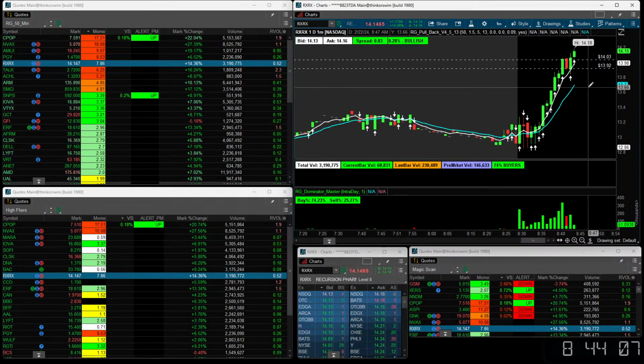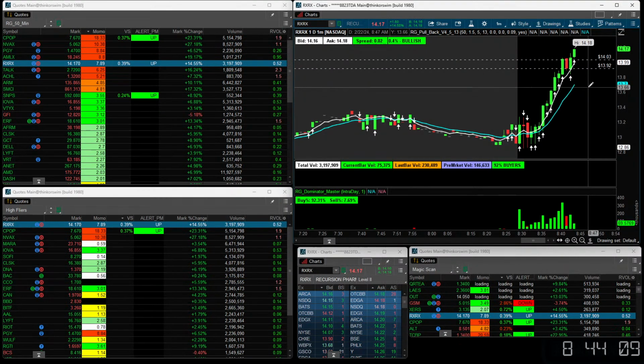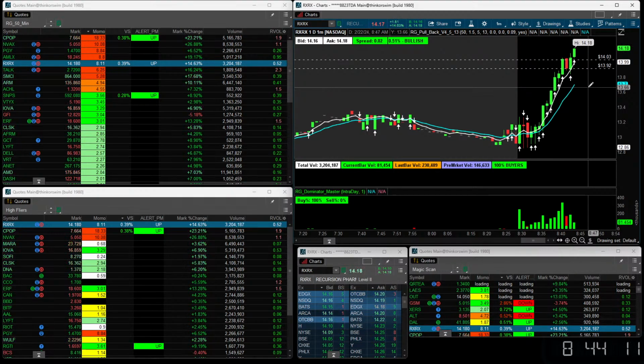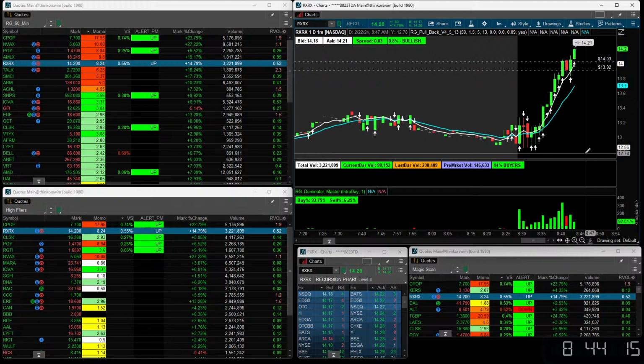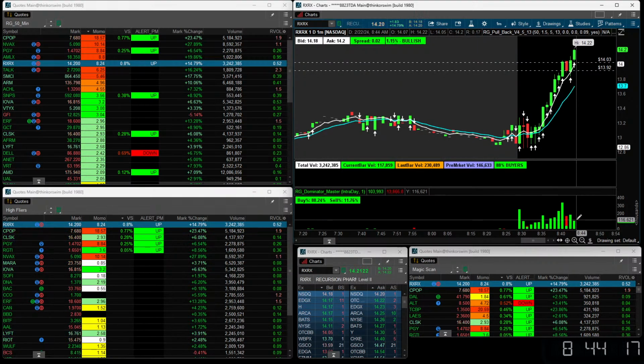Going up more on RXRX. It's a nice pullback play. Green dominator bars coming in.